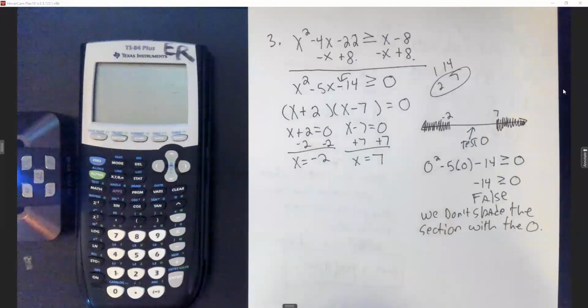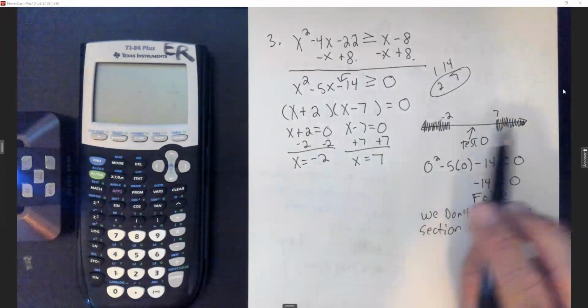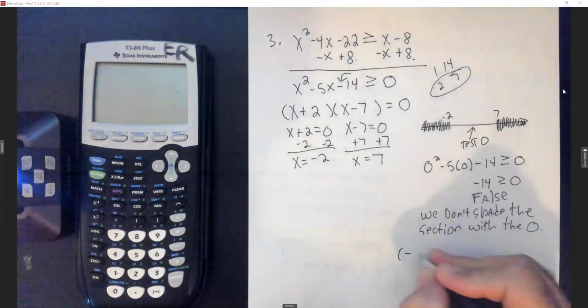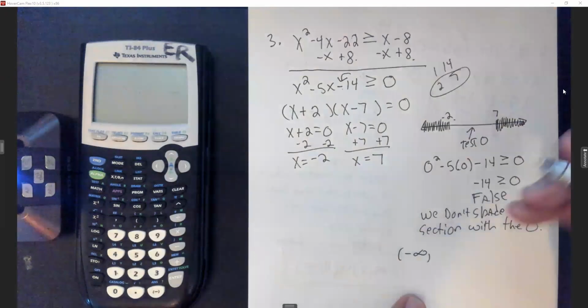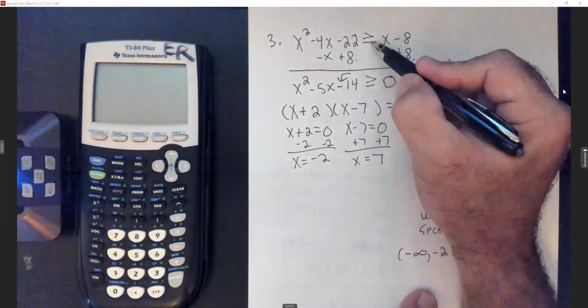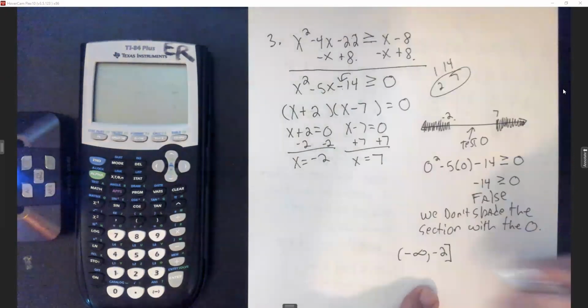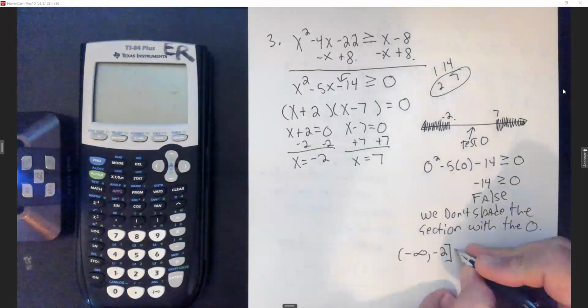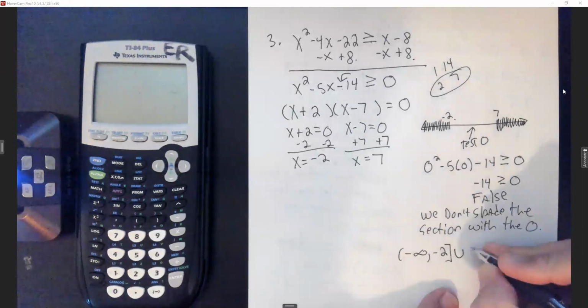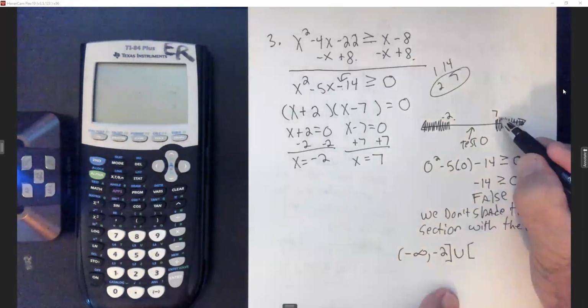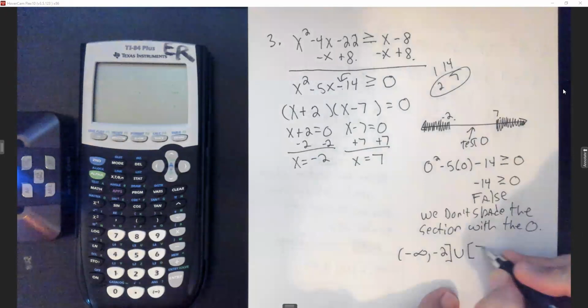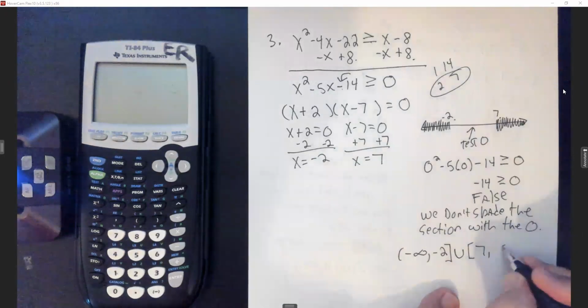So, remember, when you had these styles here, you started at negative infinity until you hit the first number, which was -2. Since I got an equals under that, I'm going to use a bracket. And in union that from the second number, which is a 7, and it goes until it hits a positive infinity.